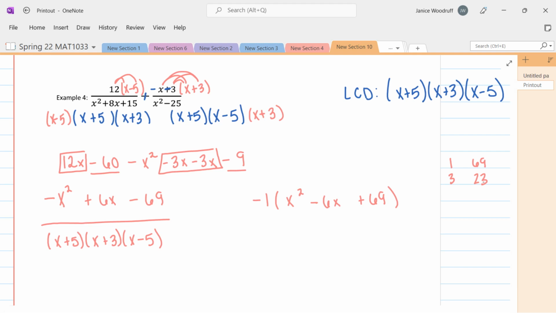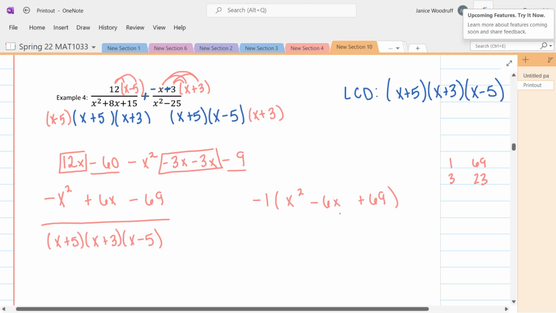Anything else go into 69? 4 doesn't go in, 5 doesn't go in, 6? No. 7, no. Nope. I thought that one I would be able to make a little bit smaller, but I did not. So those are the only things that multiply to 69, and neither of those would combine to 6. So that's it. You could really leave the problem like this, then, I guess.